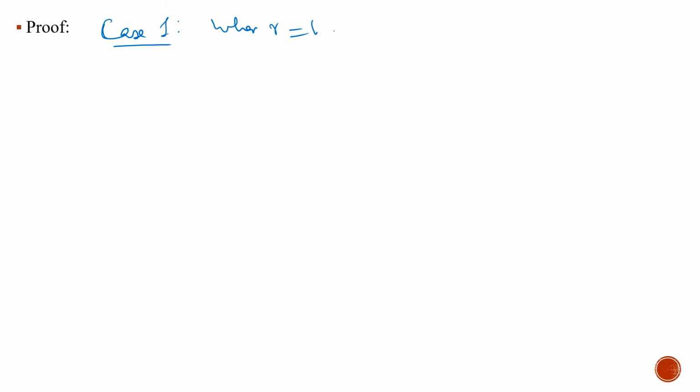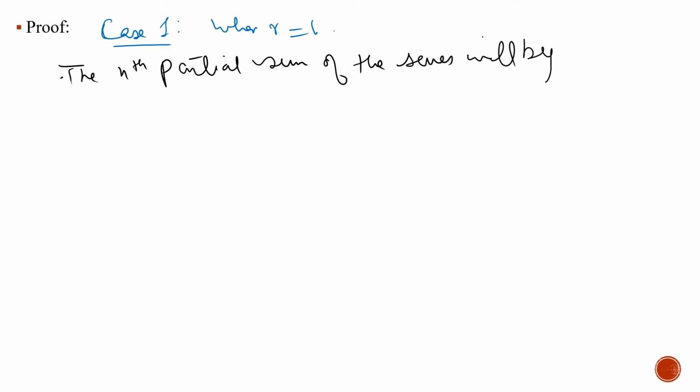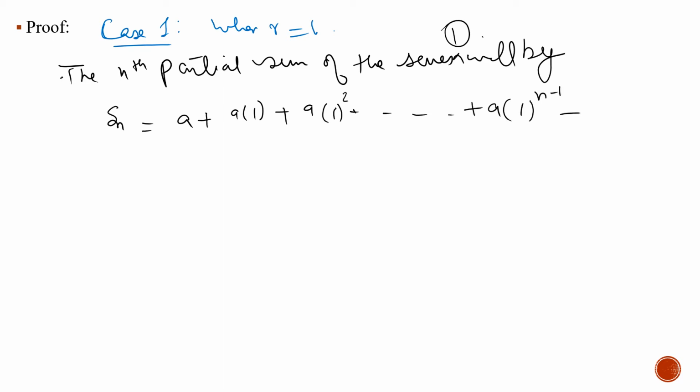When r is equal to 1, if you see the series 1, the nth partial sum of the series will be a plus a plus and so on, n times, which will be equal to n times a.